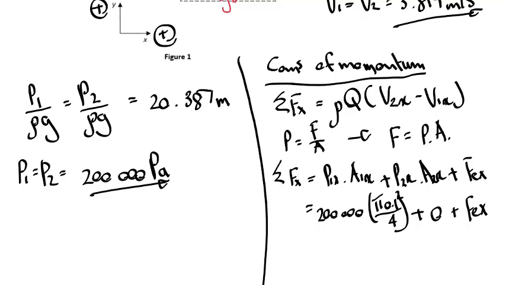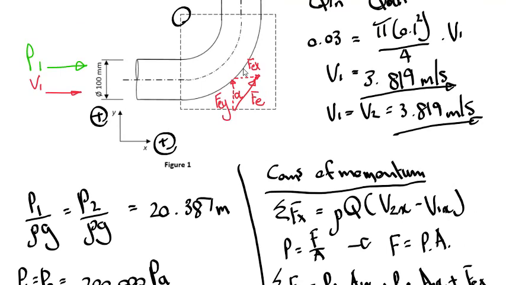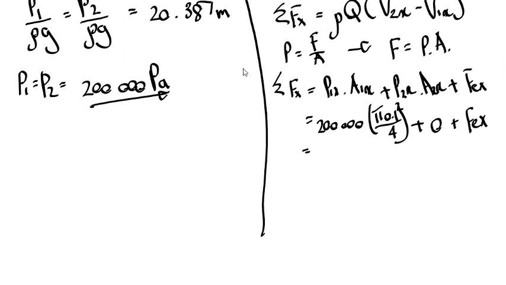Let's quickly simplify this so we can get some values. Remember you should have stored this in your calculator as your A value, as you might use it later on. So let's do the 200,000 times that area of the pipe.